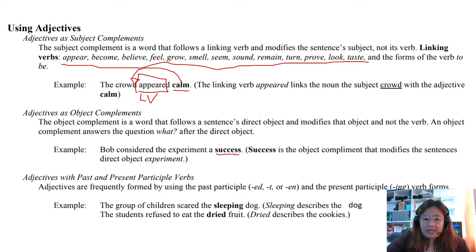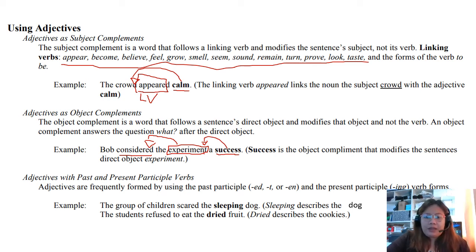It is the complement of the direct object experiment. So how do we identify whether it is the direct object? Because it answers the question what after our verb. So it modifies the sentence's direct object, experiment.